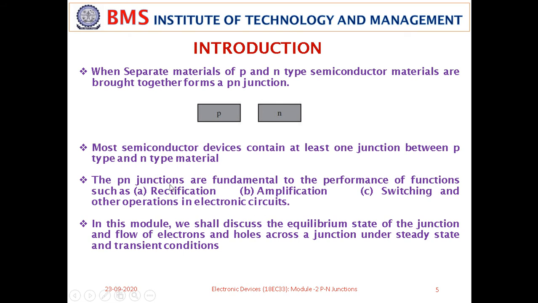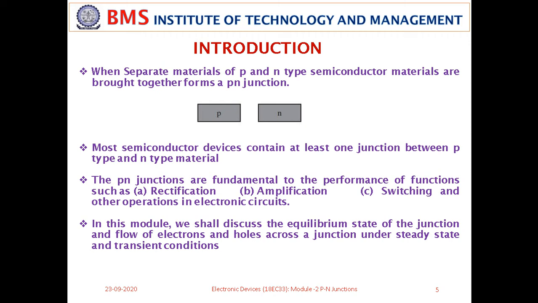Majorly you find p-n junction applications as rectifiers. A rectifier converts AC to DC voltage, or AC current into DC current. In that application we use p-n junctions or diodes. In amplification also, for example in a transistor, BJT or FET, we make use of the p-n junctions. Even in a BJT there are two junctions which help us do amplification operations.